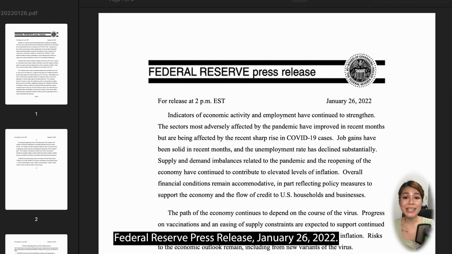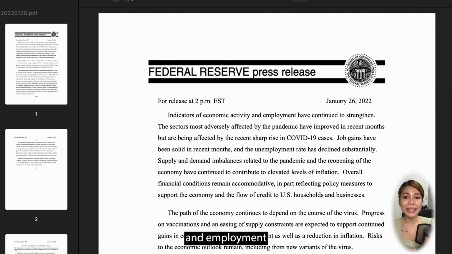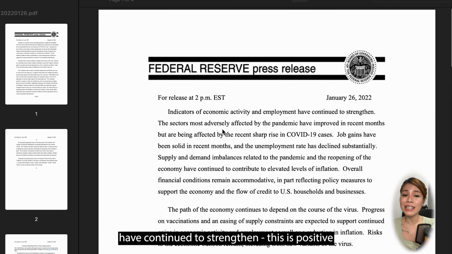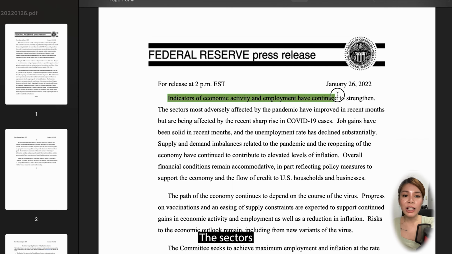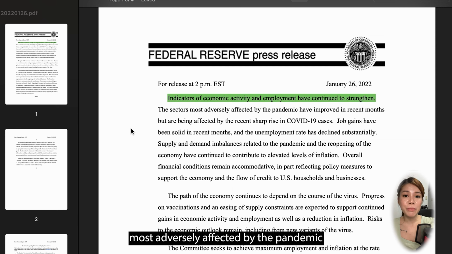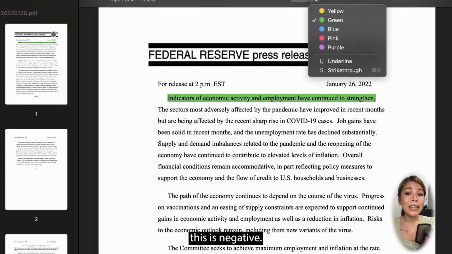Federal Reserve press release, January 26, 2022. Indicators of economic activity and employment have continued to strengthen. This is positive, so I will highlight it in green. The sectors most adversely affected by the pandemic have improved in recent months but are being affected by the recent sharp rise in COVID-19 cases. This is negative.